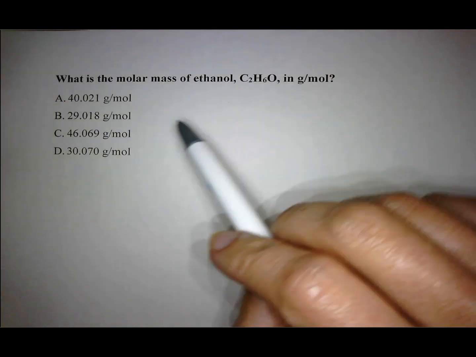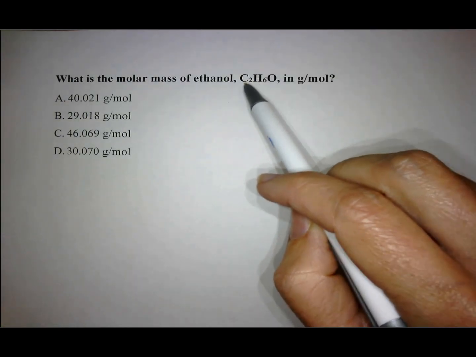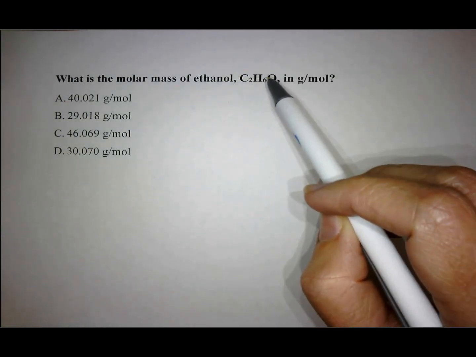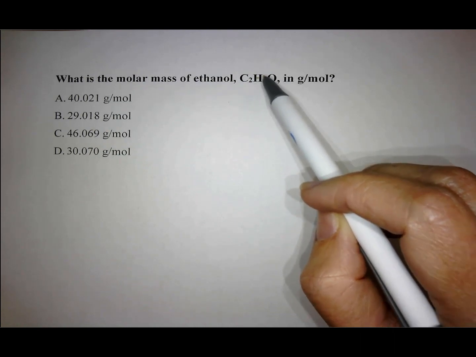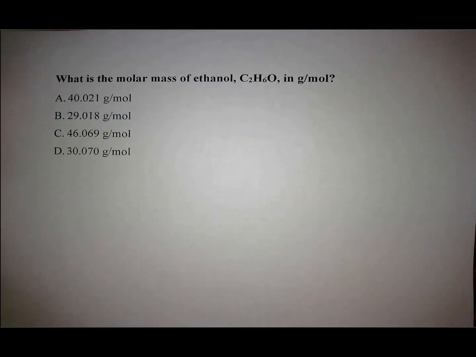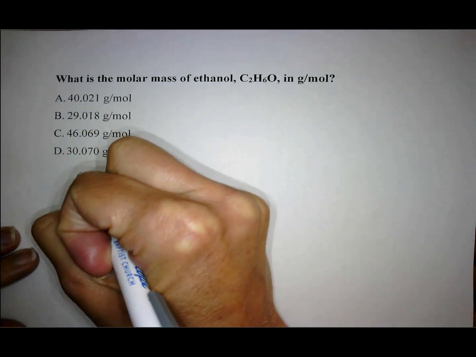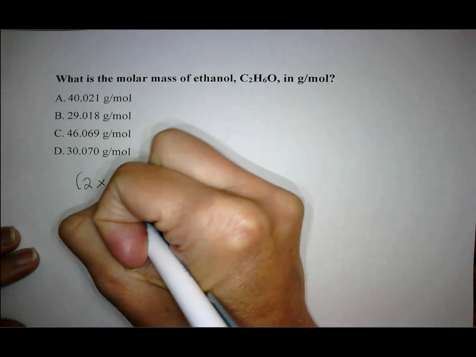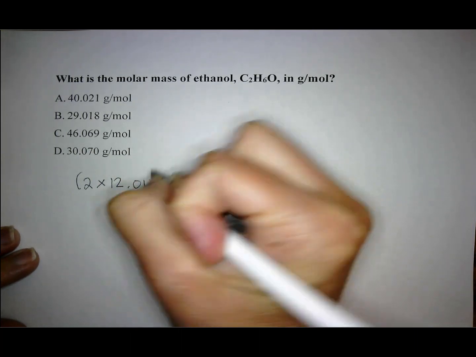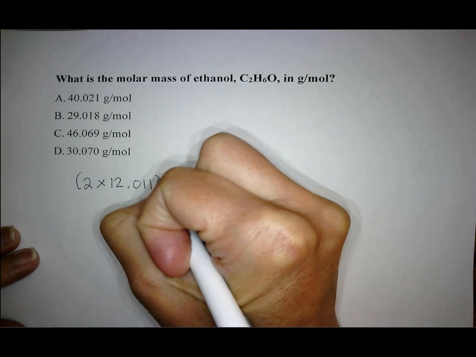To find the molar mass of ethanol, we're going to take 2 times the mass of carbon plus 6 times the mass of hydrogen plus 1 times the mass of oxygen and add it up. So we have 2 times the mass of carbon, which is 12.011 from the periodic table.